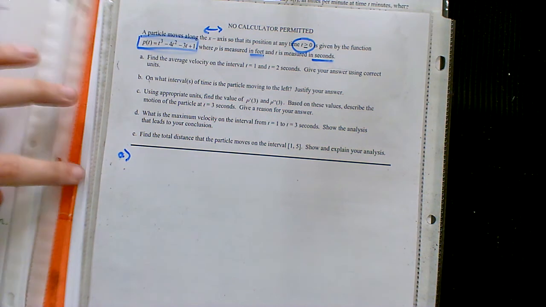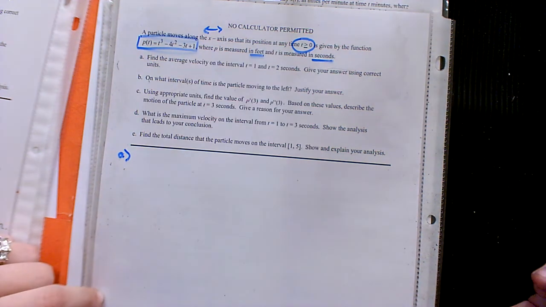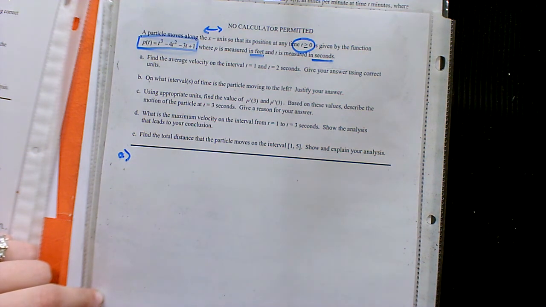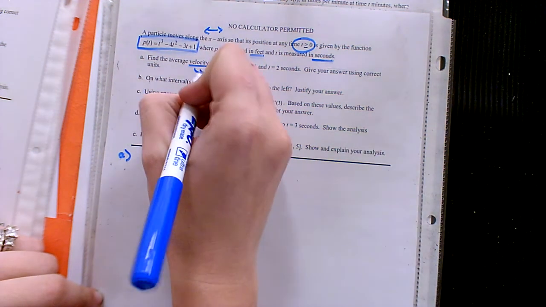How can we find average velocity? 2 points. 2 points on what? 2 points on velocity, 2 points on acceleration, 2 points on position. Let's think.